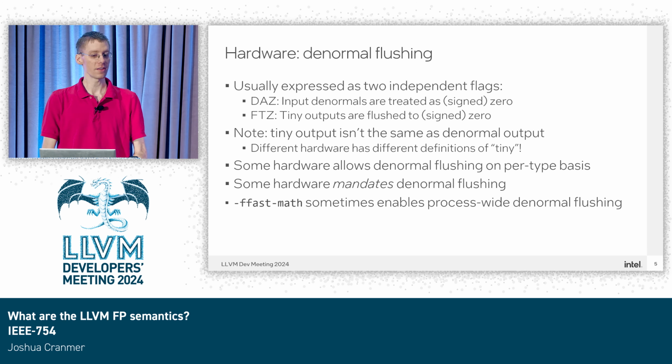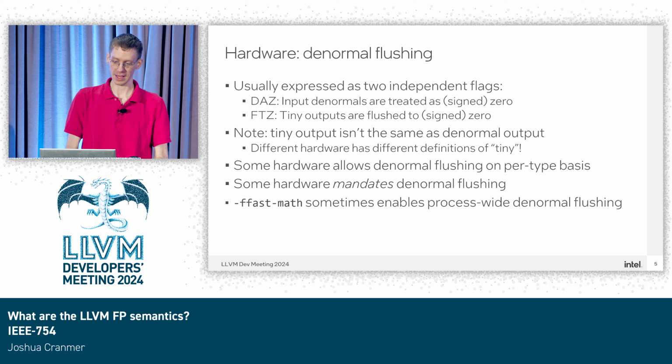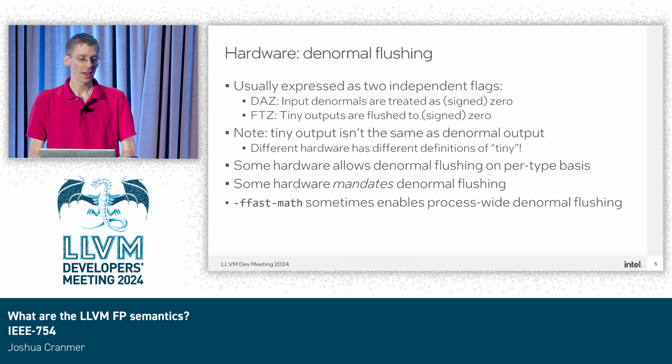One final annoyance is that some compilers, if you link using the fast math flag, will set bits in the mode at process startup that enable denormal flushing on an entire process-wide basis, independent of whether individual translation units were compiled with fast math. And this can cause problems.